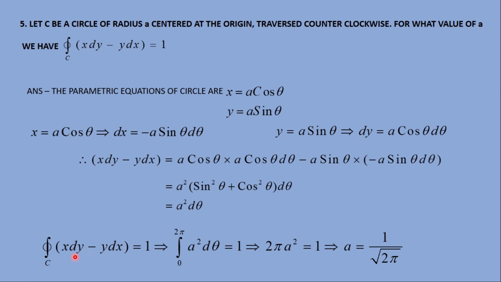So a square is a constant quantity, 0 to 2 pi is the limit. So the integration becomes integral 0 to 2 pi d theta actually. That is 2 pi a square equals 1 and a equals 1 over root over 2 pi. So you may find this type of question also.